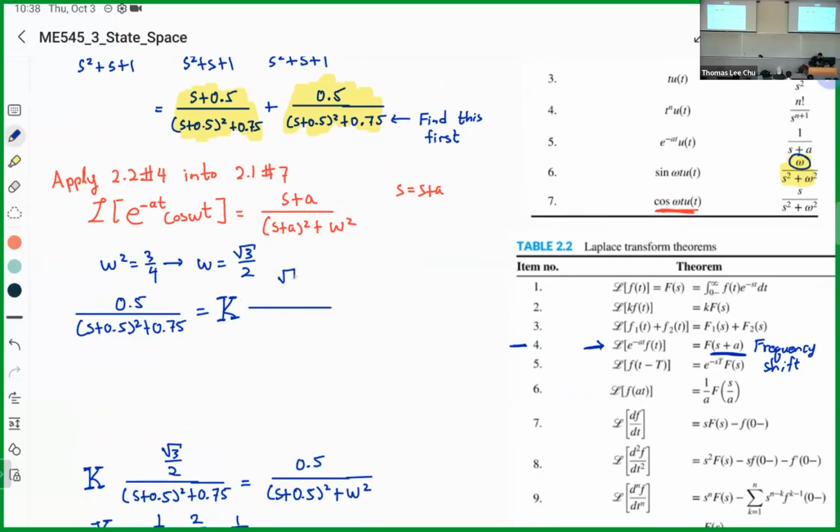So we have √3/2 divided by s plus 0.5 squared plus 0.75.